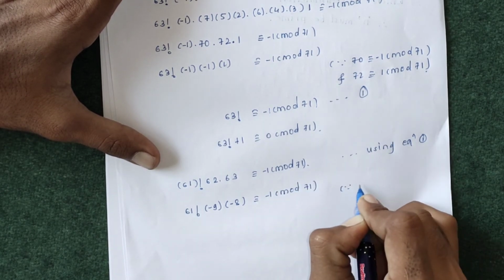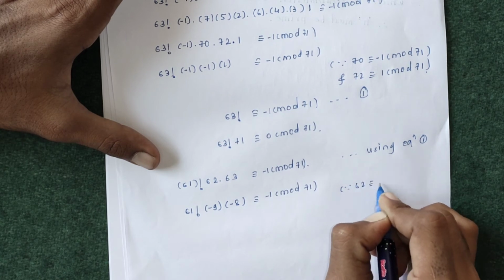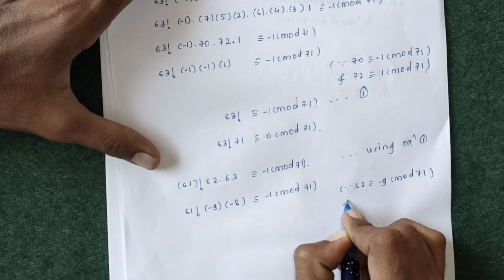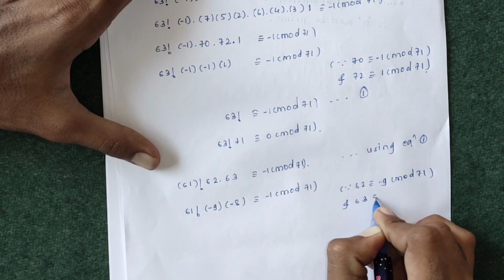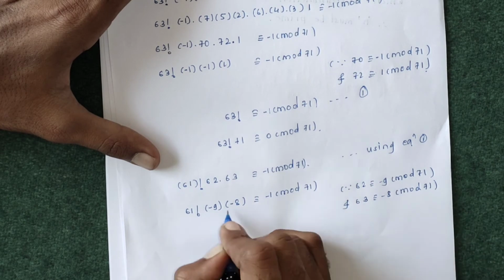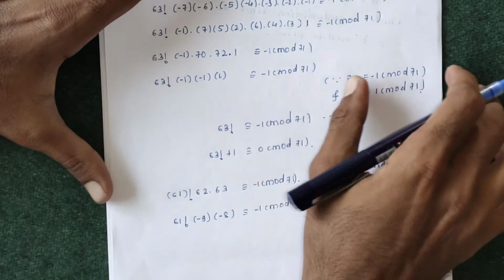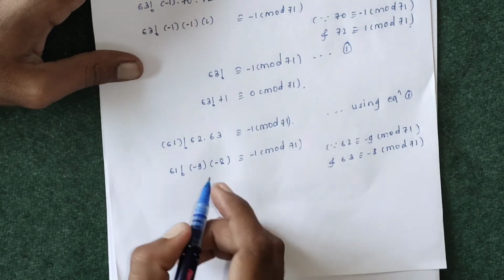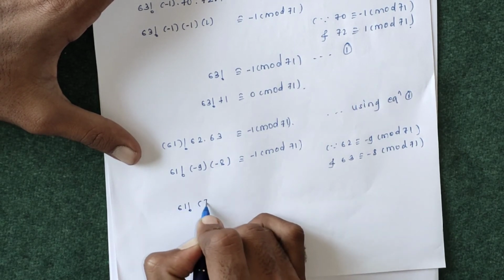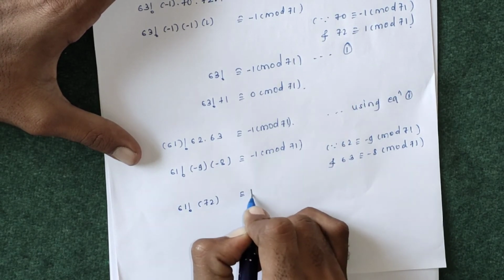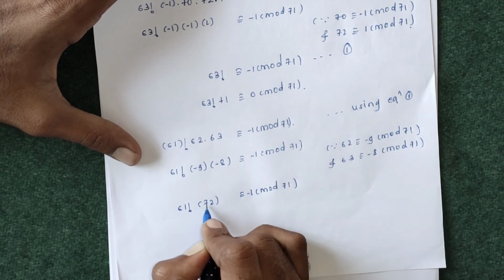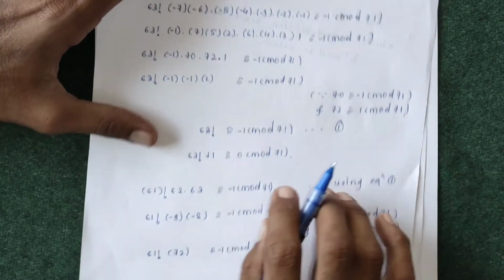Since 62 is congruent to minus 9 modulo 71, and 63 is congruent to minus 8 modulo 71, minus minus gets plus, 9 times 8 is 72. So we can write 61 factorial into 72, which is congruent to this minus 1 modulo 71, and 72 is again congruent to 1 modulo 71.